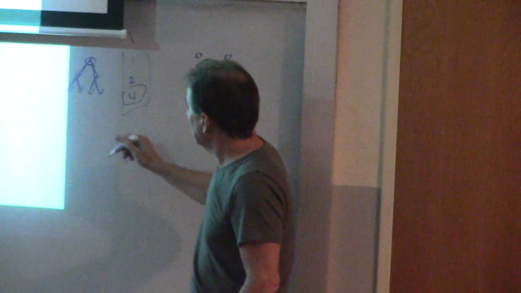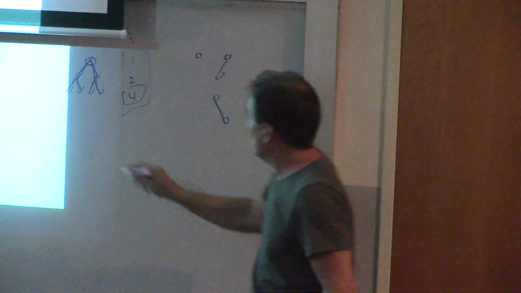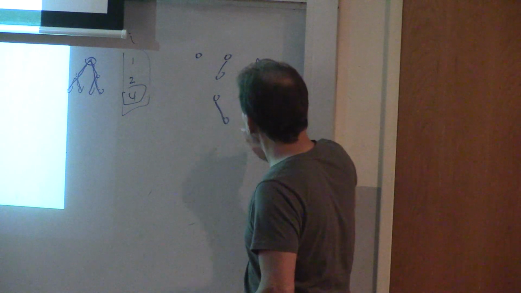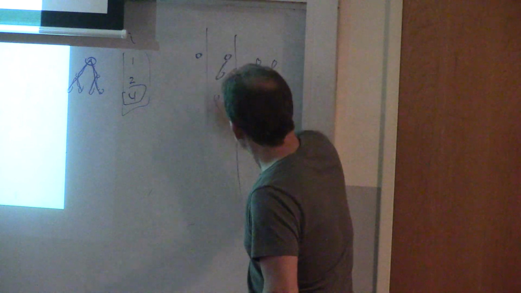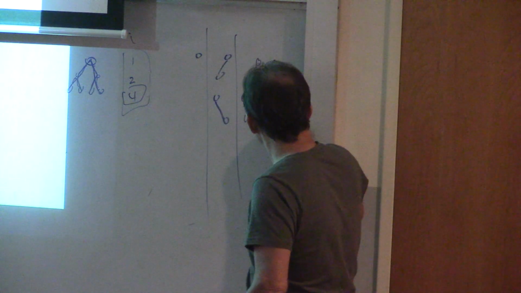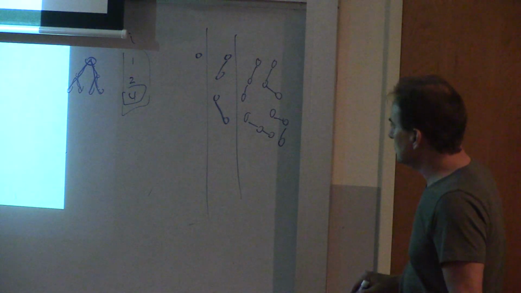So 4, and now, each of those 4, however we do the 4, the next one could be 1, 2, 3, 1, 2, 3. This could be 1, 2, 3, or 1, 2, 3. So we want a skew tree.